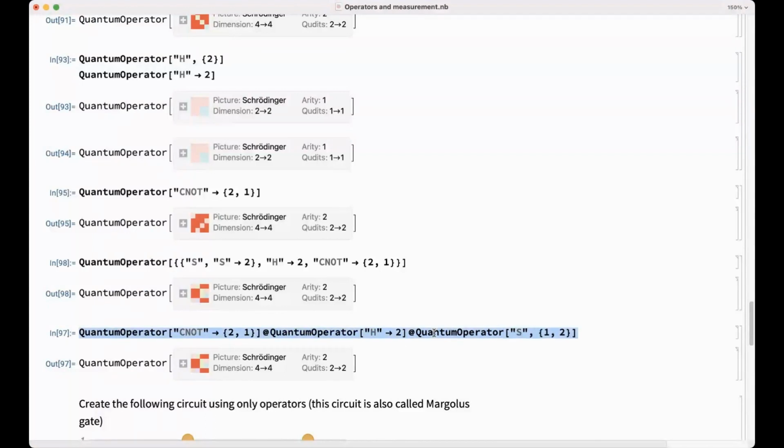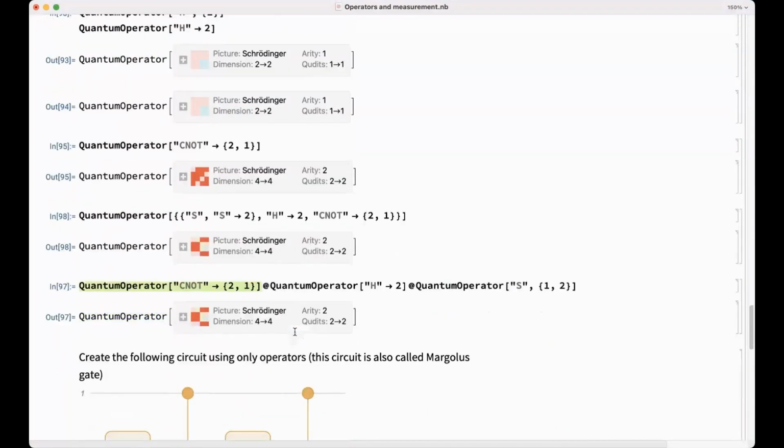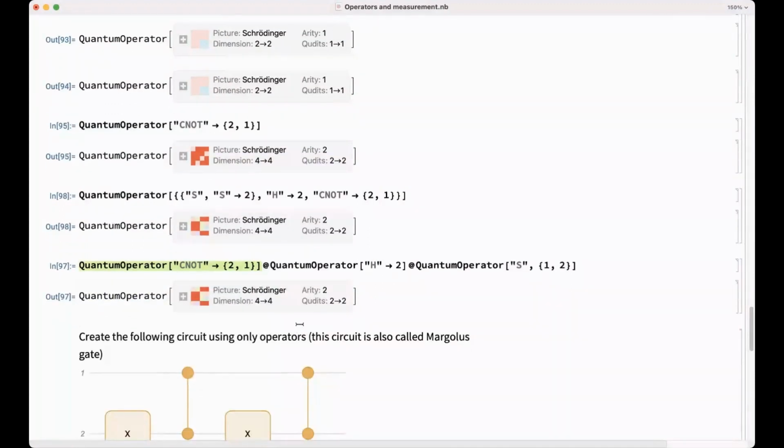Remember the order, the sequence of your operators, that's very important. So either you wrap it around one operator or apply one operator on top of another, but pay attention to the sequence when it comes to circuit design. So that was one thing that I wanted to make sure you guys remember.